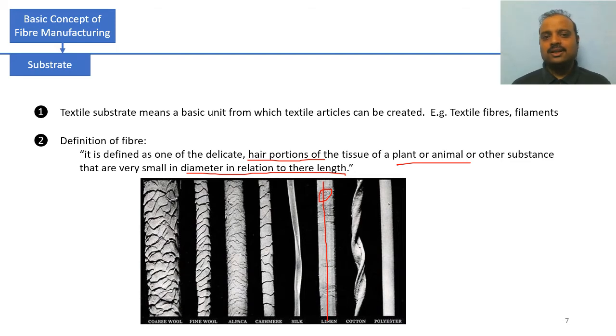So these extracted hair portions are longer in length compared to their diameter, and such a material is called textile fiber. Generally, the length of a textile fiber is 200 to 300 times more than its diameter.